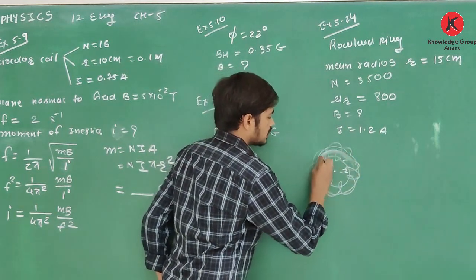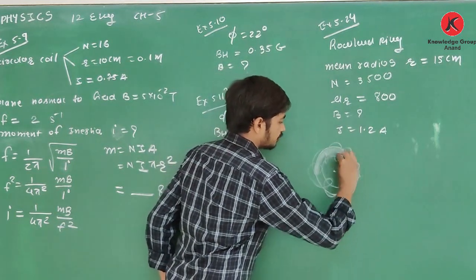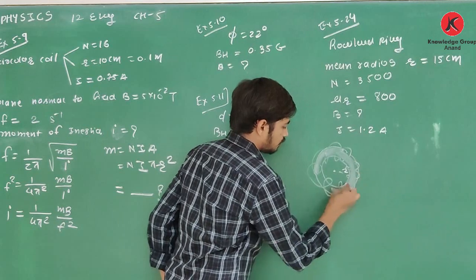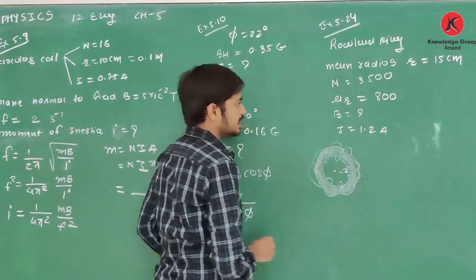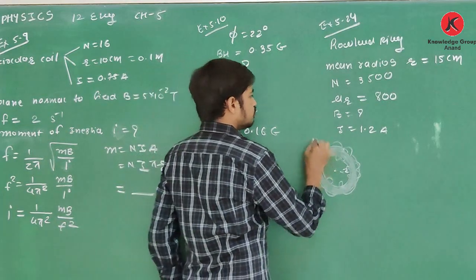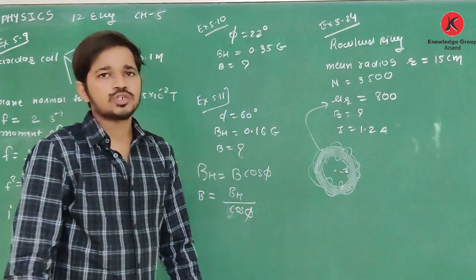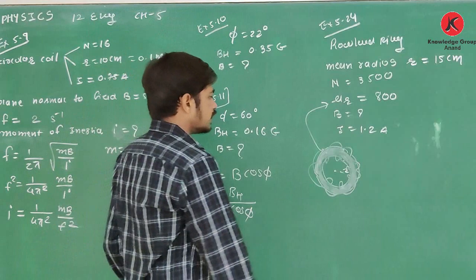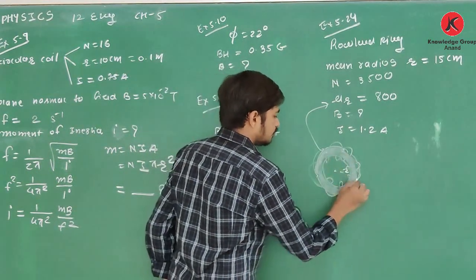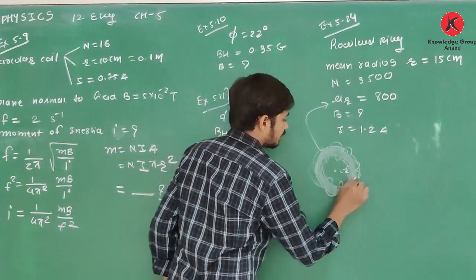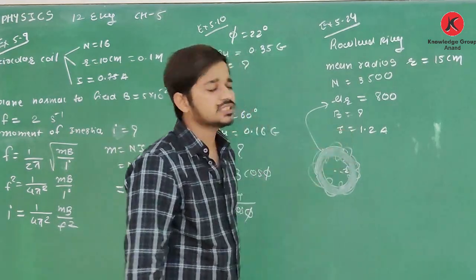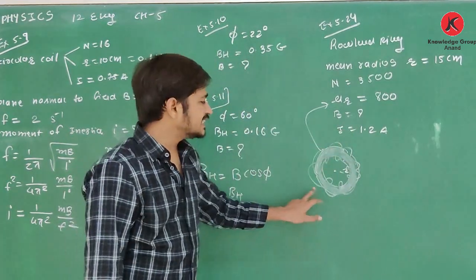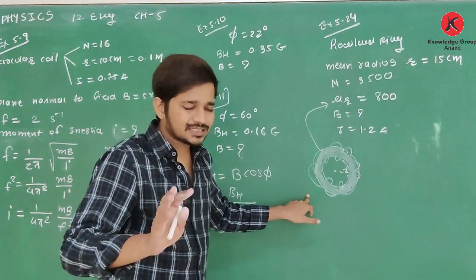The core of this ring is made up of a material having relative permeability mu r equal to 800. You have to find the magnetic field produced in the core of the Rowland ring, if current flowing through each turn is 1.2 ampere. Again, it is nothing but a toroid.